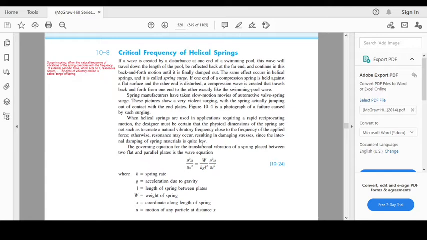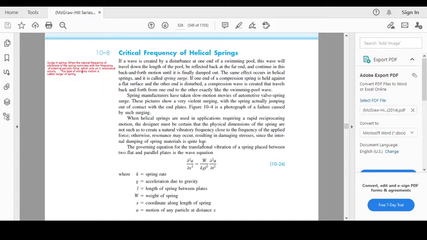Because imagine your car has a spring, your motorcycle has a spring. What happens if, whenever you are driving the car or riding the motorcycle, suddenly the wave from the wind, the wave from another structure, or another external force comes, let's say when you are riding on the road, suddenly the road coincidentally matches the natural frequency of your spring?